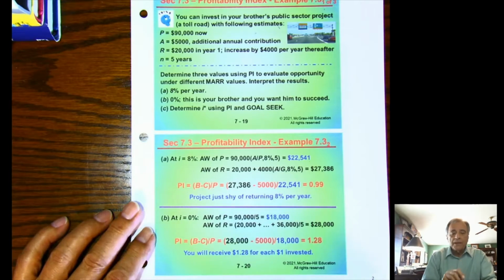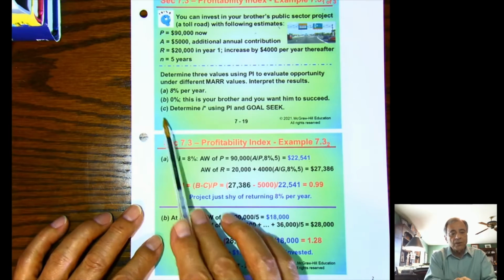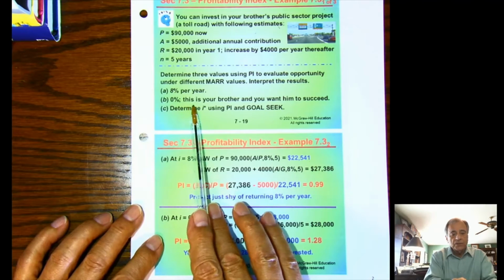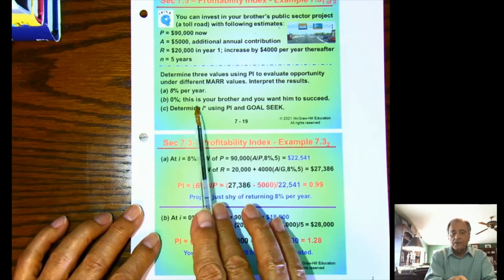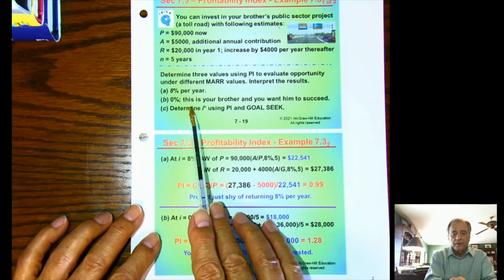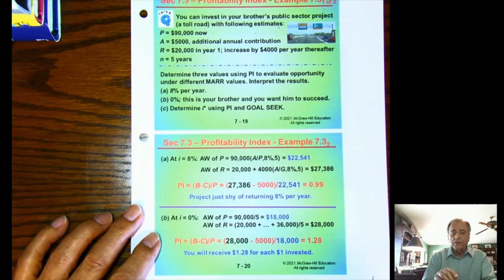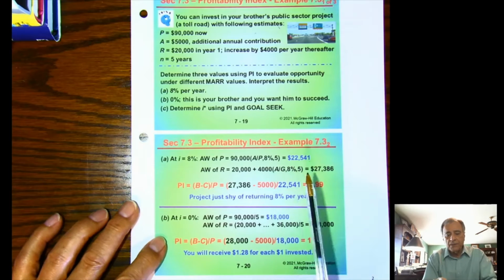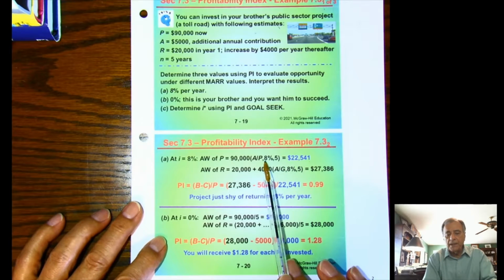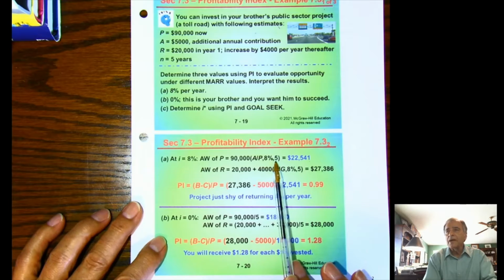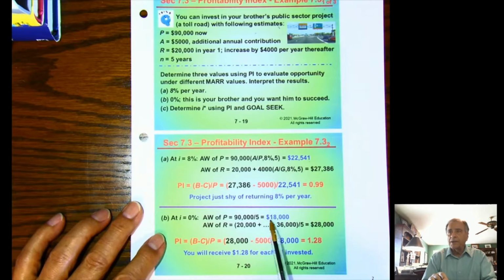Okay. Now, the second part of the question, part B, which is the last part we'll solve, says if you use 0%, would this be a good investment? Well, recall that, for example, A given P at 0% in 5 years would just be 1 divided by 5.